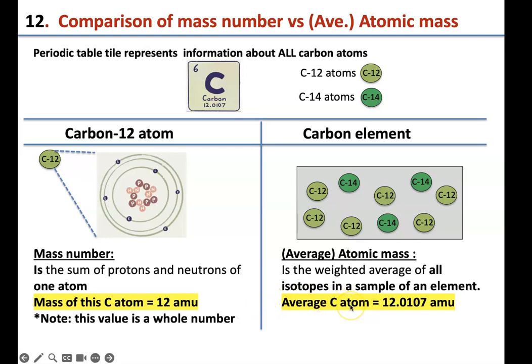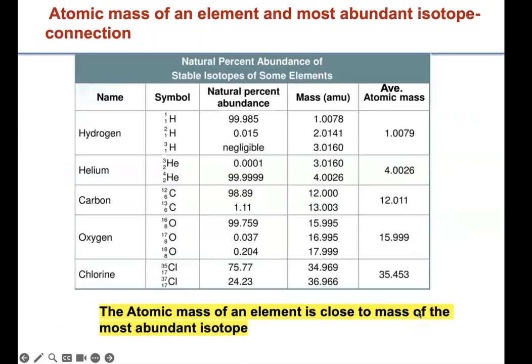So that means the average carbon atom in this sample has this mass. Here is an example showing how you can estimate the average atomic mass of a sample from the elements and their isotopes.